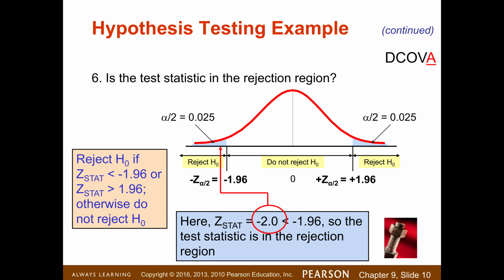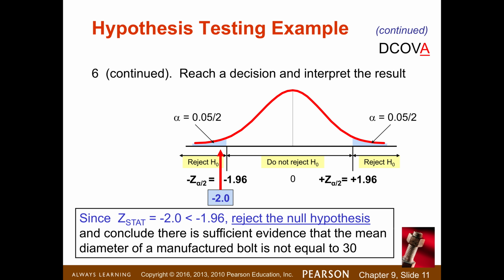So the negative 2 falls to the left of the negative 1.96, so it's in the rejection region. So finally, we reach a decision. Since our test statistic falls in the rejection region, there is sufficient evidence that the mean diameter of the manufactured bolt is not equal to 30.